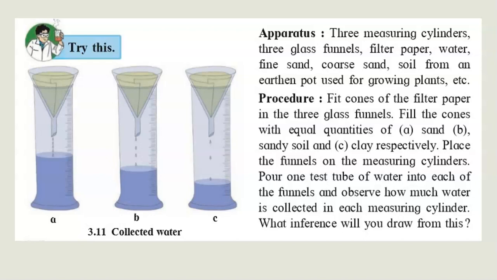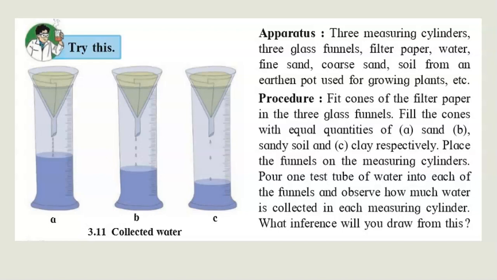From this it will be clearly seen that A allows more water to pass through, B allows a little less water, and C allows a very small amount of water. That means the soil present in A cannot hold water, it just lets it pass. All the water is passed through.